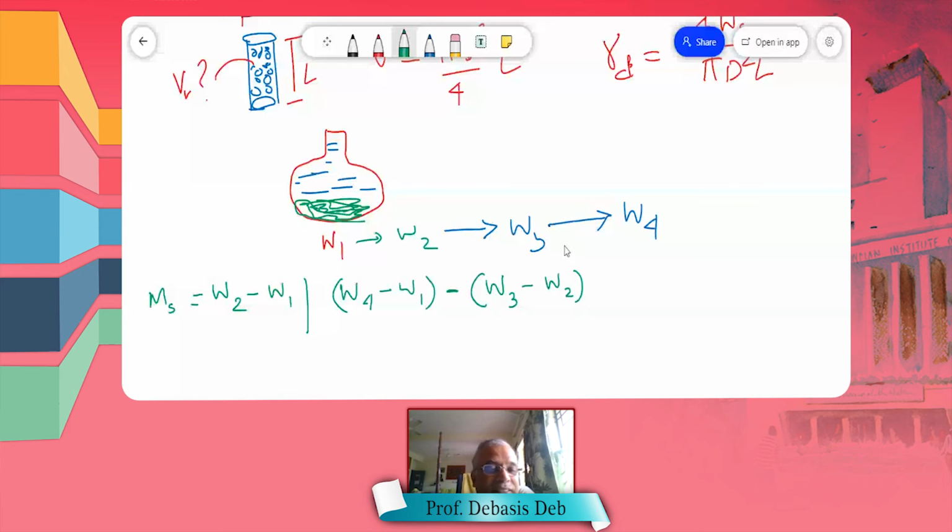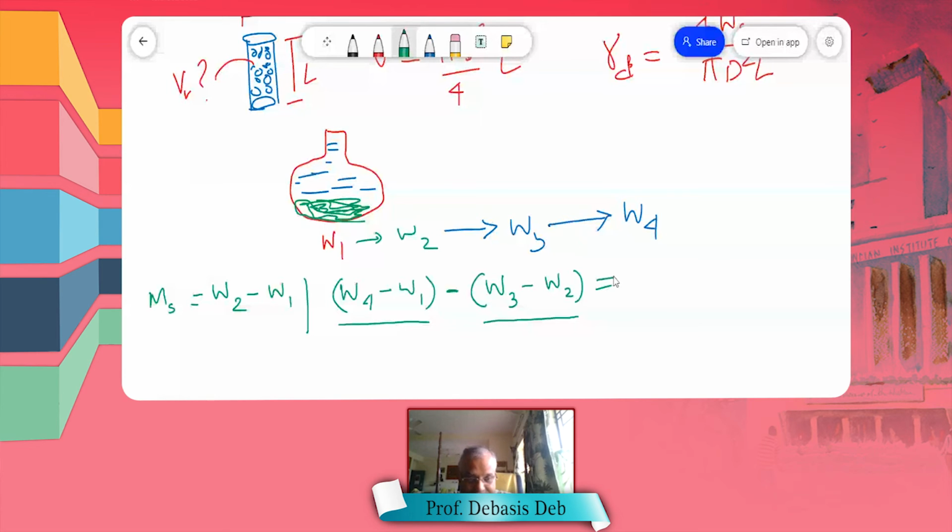bottle other than the solid volume, right? This is this part, and this is the complete total. So when I subtract this, what do I get? This weight of water occupied by the volume of that solid.